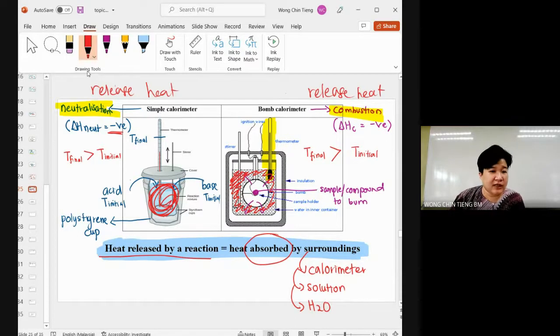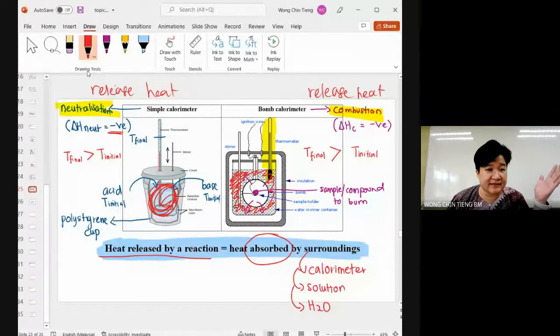So, kerja kamu dalam topik ni ada dua. Kerja kamu yang pertama, formula mana yang kamu nak guna? MC delta T atau C delta T, yang tu senang je. Kerja kamu yang utama satu je: the heat released is absorbed by who? That is the only thing you need to do. The heat release, we know.